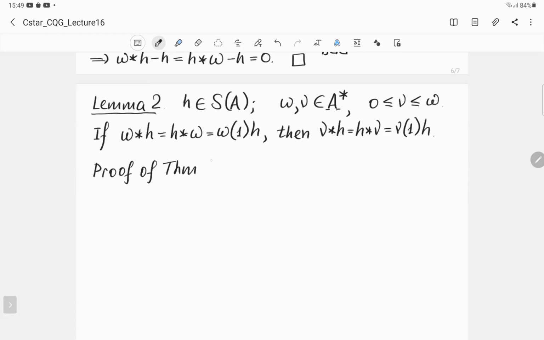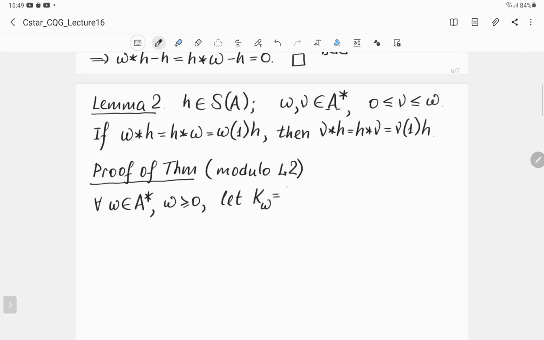Proof of theorem modulo lemma 2. So we do the following trick. For each positive linear functional omega on A, we introduce the following set that's denoted by k omega.